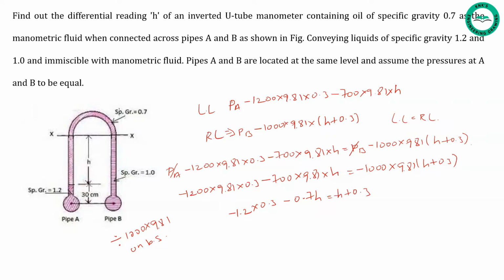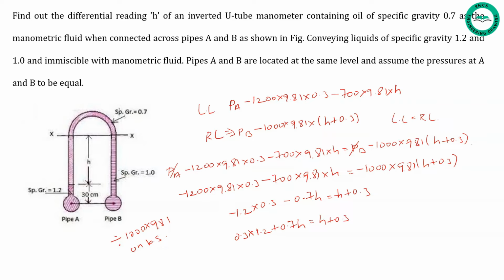So this can be written as 0.3 into 1.2 plus 0.7h equals h plus 0.3.